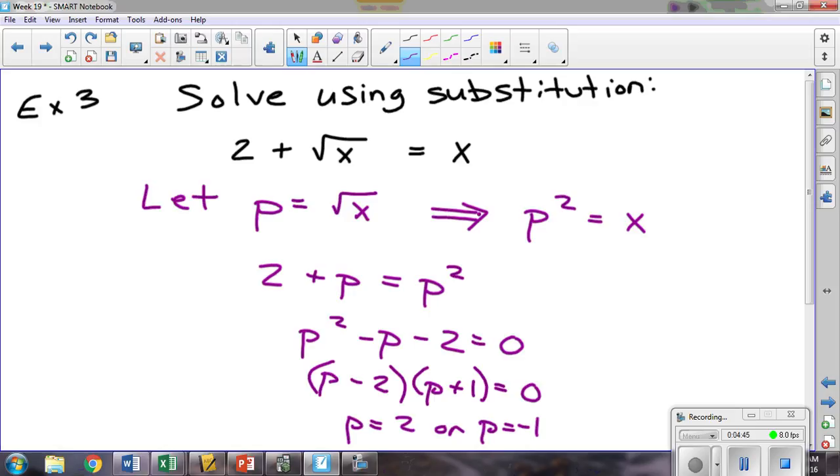Well, consider what this is telling us then. 2 is equal to the square root of x, or negative 1 is equal to the square root of x. Tell me what you think about those potential solutions. Square roots are positive.